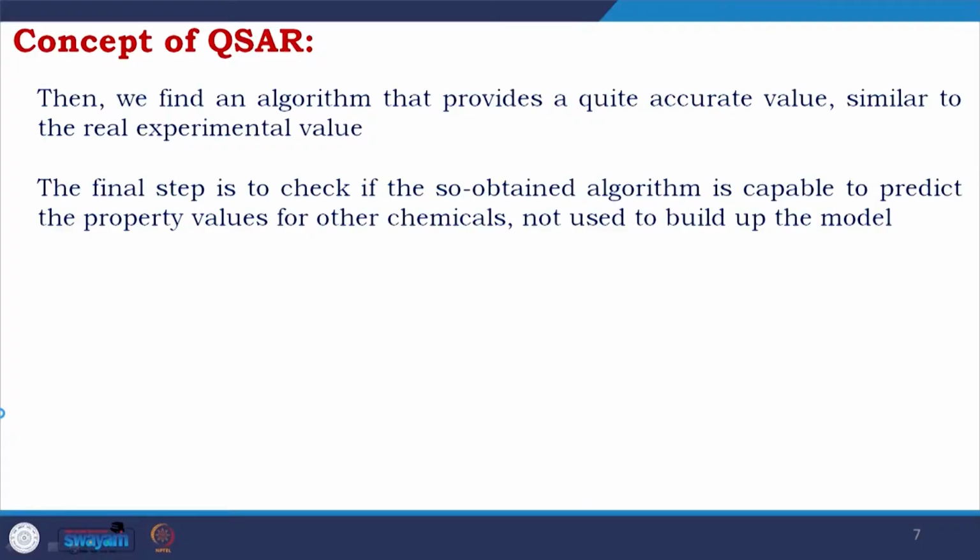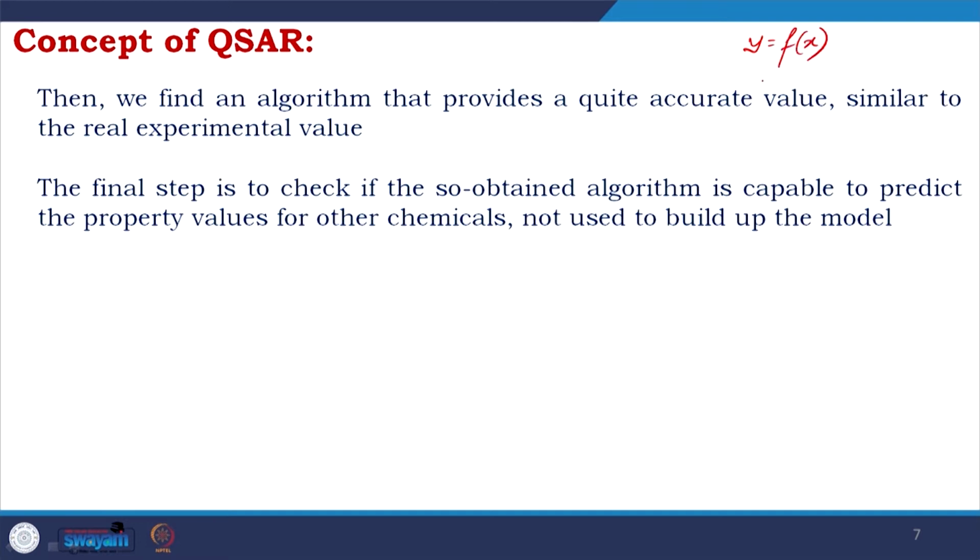The final step is to check if the so obtained algorithm is capable to predict the property values of other chemicals not used to build up the model. So, you have y equal to f(x).